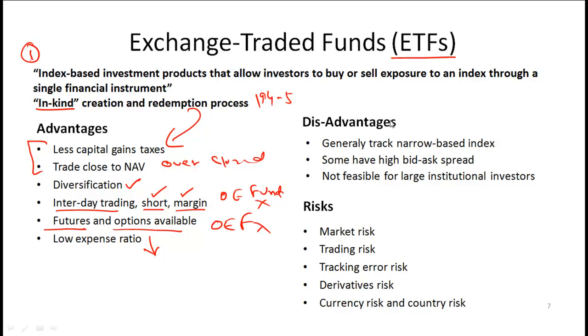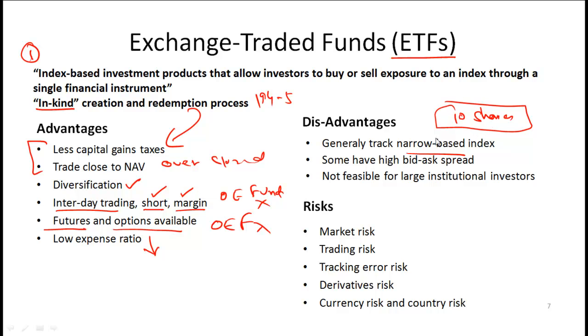What are some disadvantages of exchange traded funds? In some countries, the exchange traded funds simply track a narrow based index. What this means is that in a given country you might have an index of just say 10 shares. So this is a narrow based index, and obviously then the ETF is only tracking those 10 shares and not the overall market.